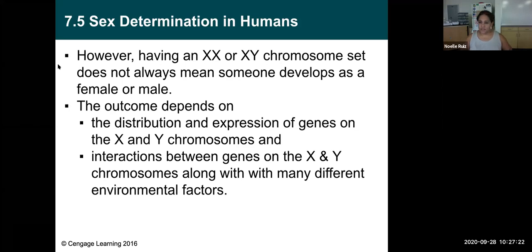All right, sex determination. However, having an XX or XY chromosome set does not always mean someone develops as a female or a male. The outcome depends on a lot of things: the distribution and expression of genes on the X and Y chromosomes, interactions between genes on the X and Y chromosomes, along with many different environmental factors.